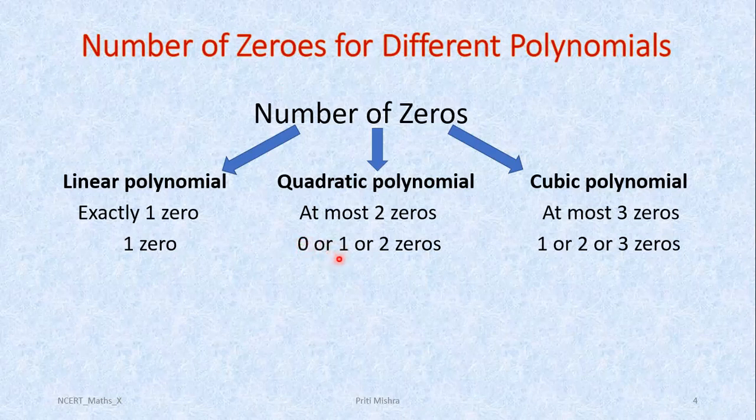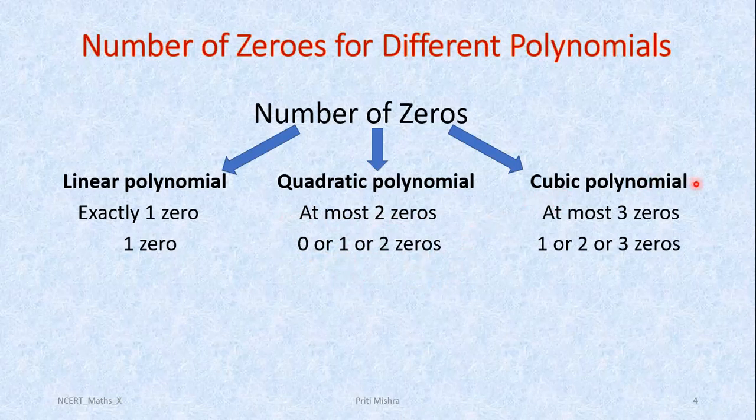Then a quadratic polynomial can have a single zero, meaning 1 zero only. And then many quadratic polynomials have 2 zeros. That's why I said at most 2 zeros. So a quadratic polynomial can have either no zero or 1 zero or 2 zeros.